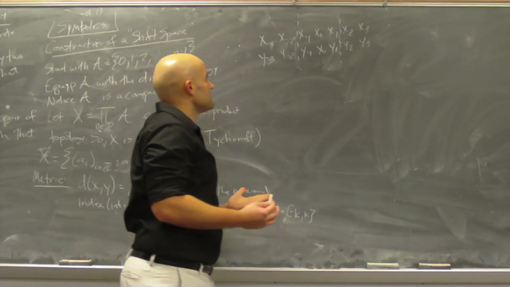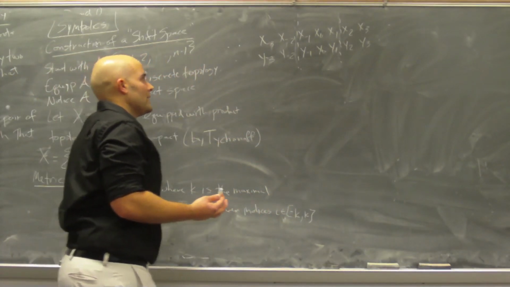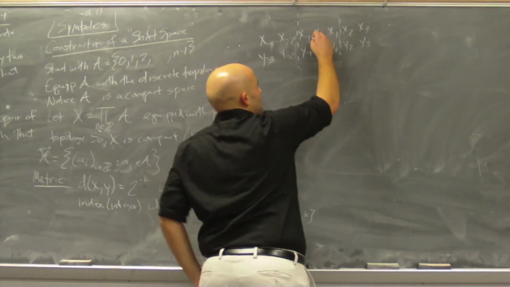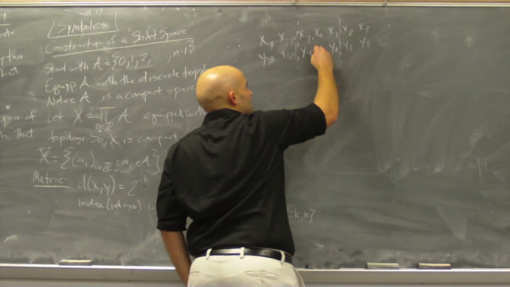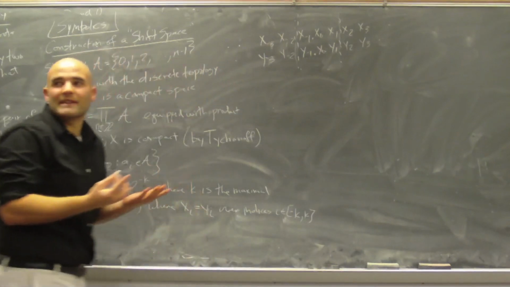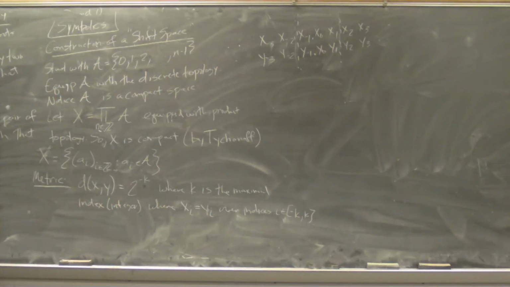Usually what they do is put a decimal point, like you would in base 10, to indicate where your x_0 is going to be. Since you're going in both directions, you have to indicate where the beginning of your sequence is. This has to be established.